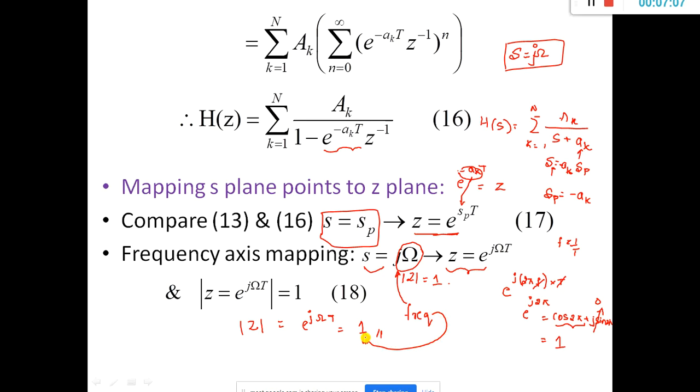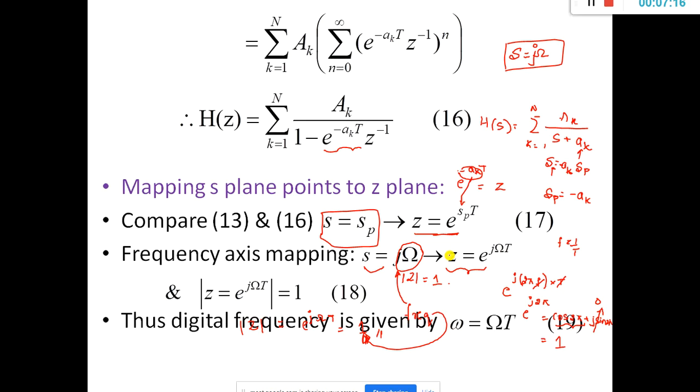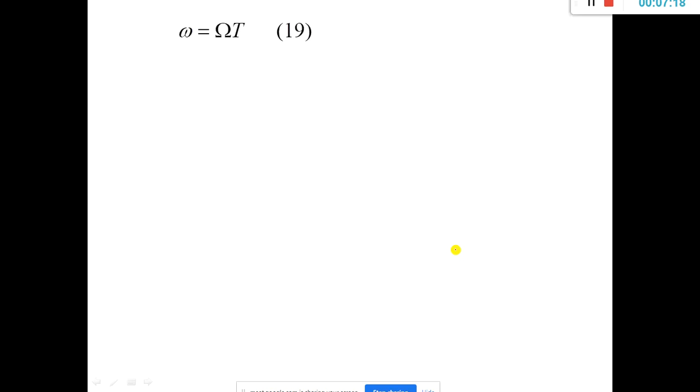within the value 1. What does this 1 represent? What does this e to the power of j theta represent? I'll just take one blank slide here to explain.